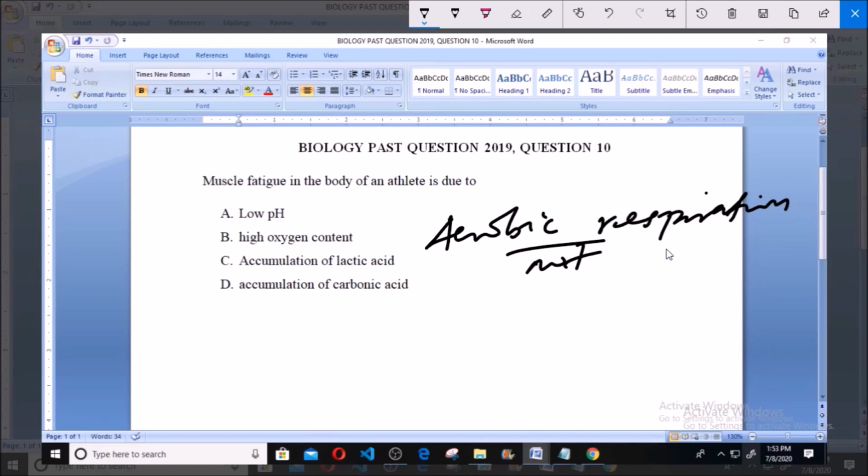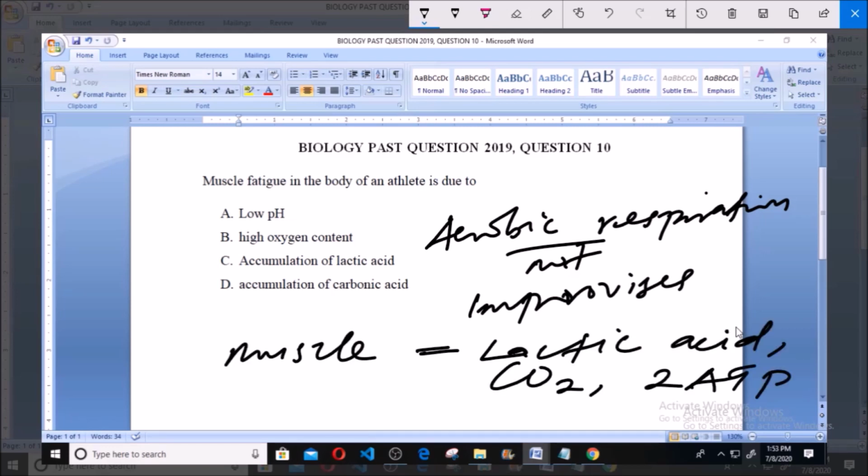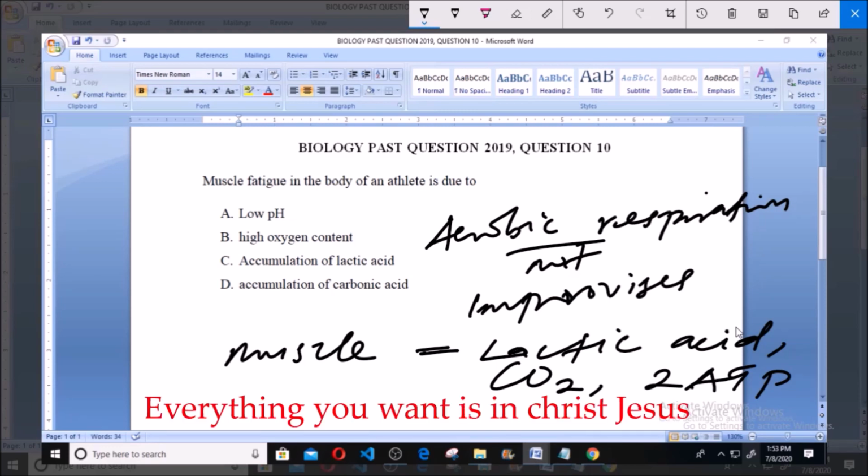Anaerobic respiration is respiration in the absence of oxygen. In the absence of oxygen, this respiration takes place in the muscle of the athlete. It forms lactic acid, carbon dioxide, and 2 ATP. The energy produced is very little, but it aids the athlete in the vigorous exercise.